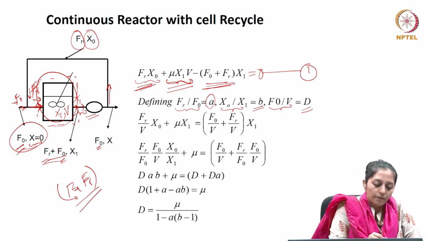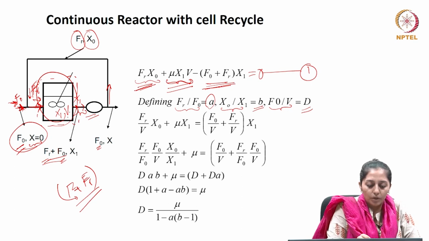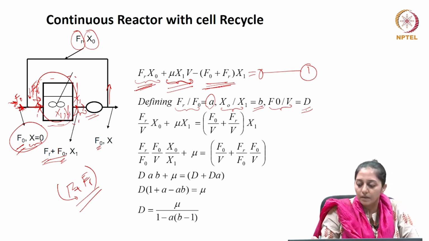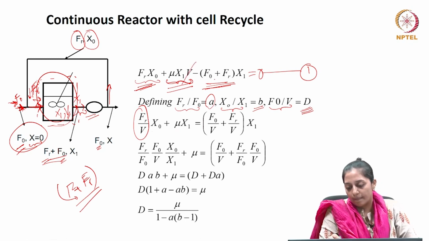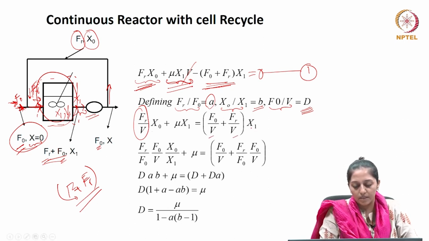So, the F0, which was the inlet stream here, divided by the volume of this reactor has been represented as D. Now, if we divide this equation by the volume, there is the Fr by V term into x0, mu x1, V gets cancelled, and again this has been divided by V, so this is times x1.